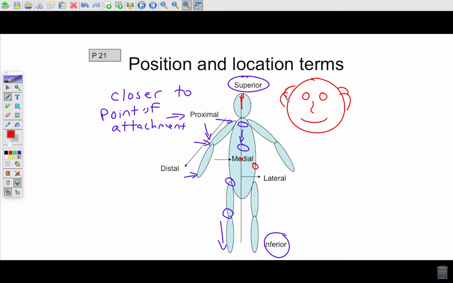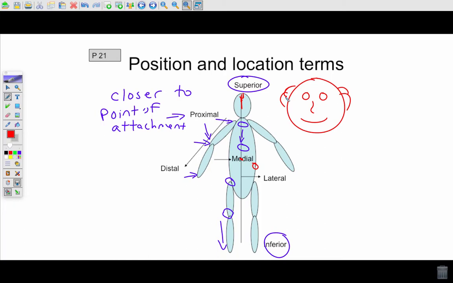Your nose is medial to your eyes. And look at someone around you right now, or find someone. Ask yourself this, what are the eyes to the ears? They're medial to the ears, but are they superior or inferior?